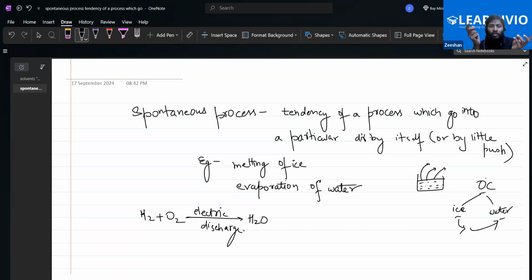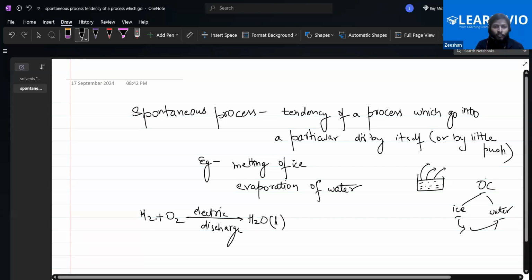They have mixed H2 and O2 and put some electric discharge there. After that spark, H2O forms and the balloon gets deflated, right? Because H2O is in liquid form and the reactants are in gaseous form.